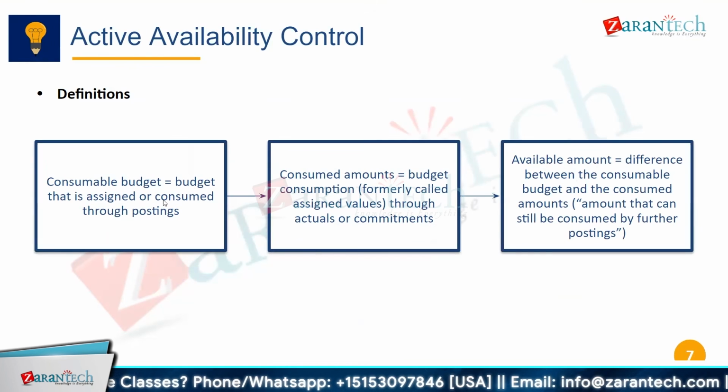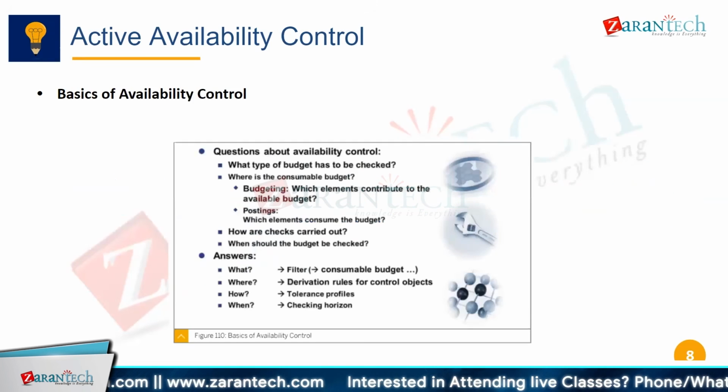So the consumable budget is actually the released budget, and the consumed budget is budget consumption, formally assigned values through actuals or commitments, and the available amount is the difference between the consumable budget and the consumed amounts. Consumed amounts would be actual FI postings or even POs, and whatever remains is the available amount.